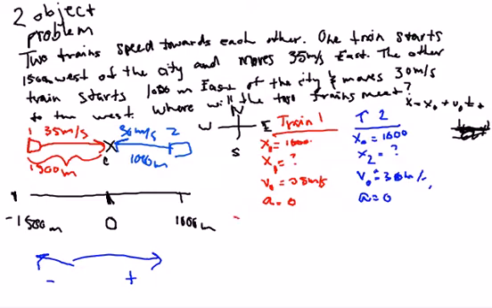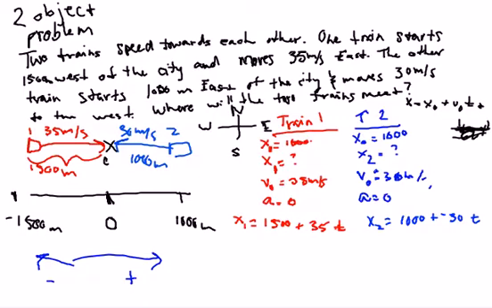So you can set that up for each equation. So for this one, you would have x1, which we don't know, is equal to 1,500 plus 35 times t. And then our second one is x2, which we don't know yet, is equal to 1,000 plus negative, or you could have just subtracted, 30 times t.